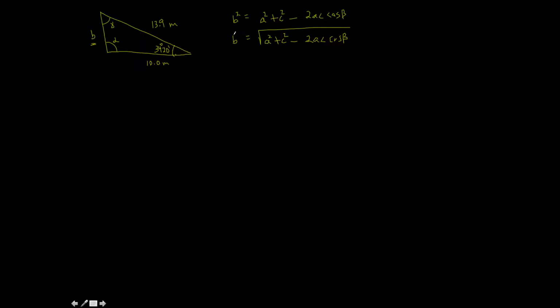So now it's just a matter of you plugging in, okay? So this is going to be 13.9 squared plus 10.0 squared, minus 2 times 13.9 times 10.0 times cosine of 34 degrees 20 minutes.